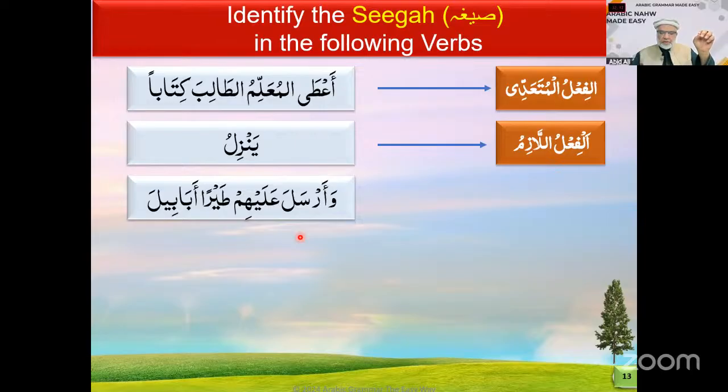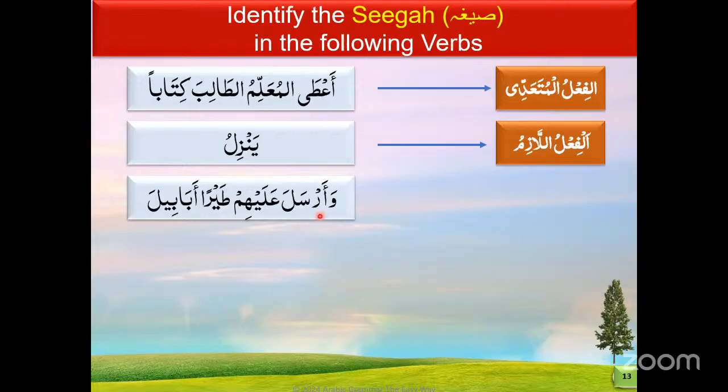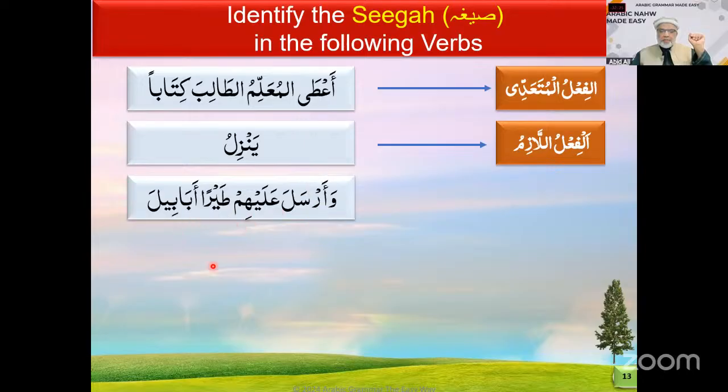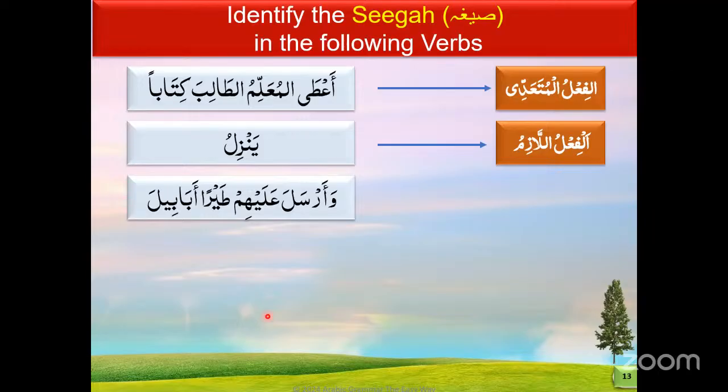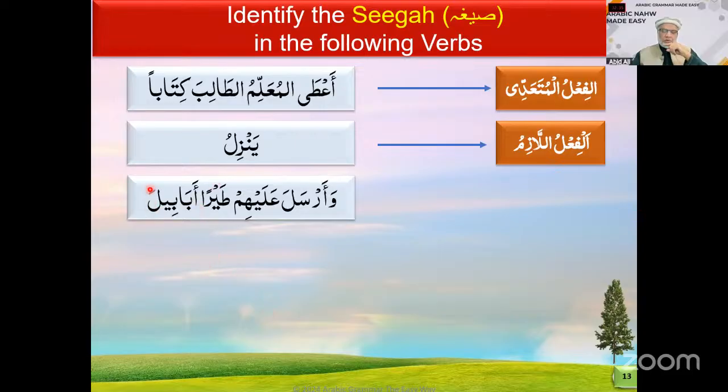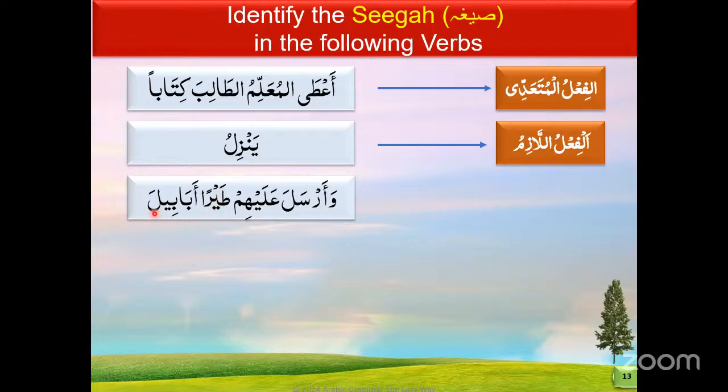Bab If'ālun. Anyway, how many objects do you see in this sentence? It looks like there's 1, the birds. No, 2. Ababila is also a noun. So there are 2 objects. And what is the subject in arsala?